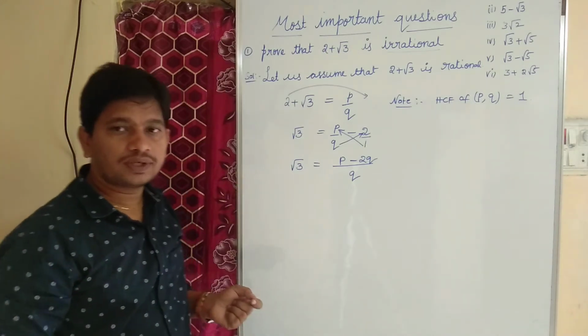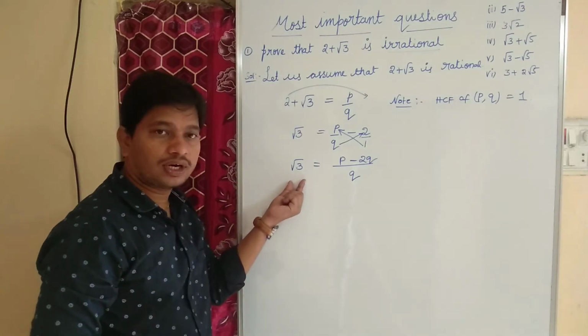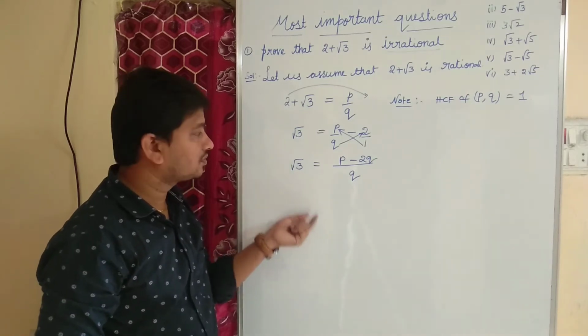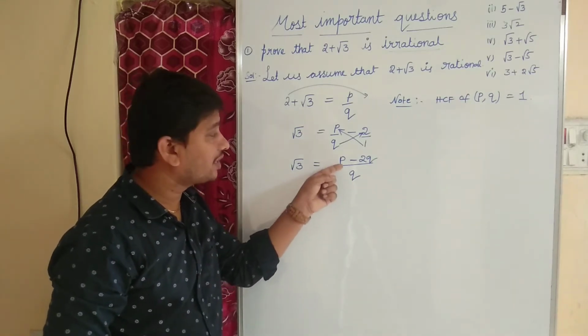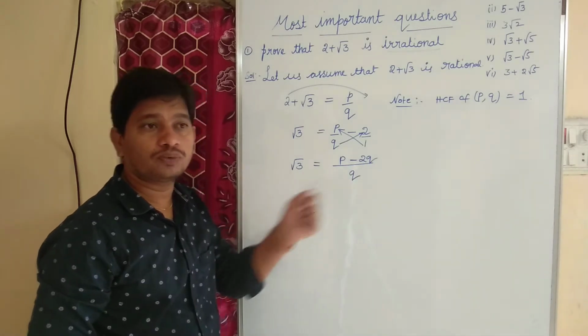See, if you observe here, on the left hand side we have root 3, whereas on the right hand side we have p minus 2q by q.